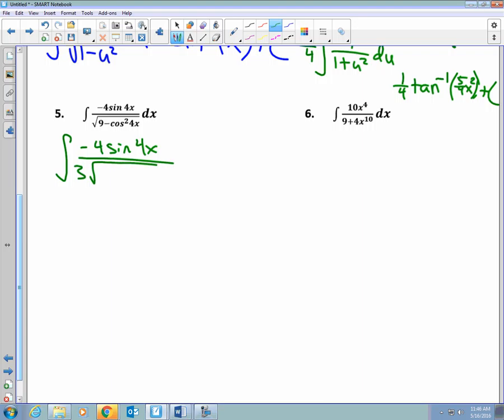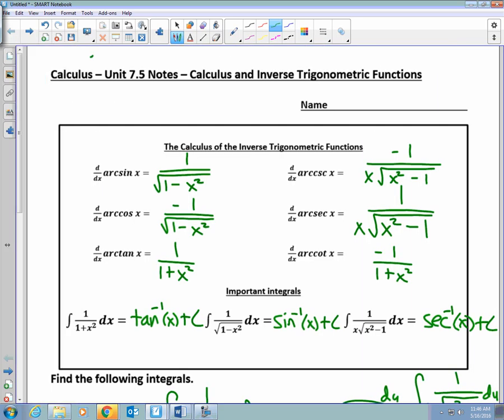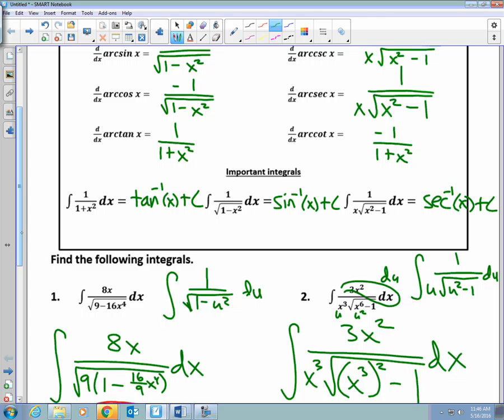Oh, okay, I've got it. Now I understand what you're saying. The question is, we're using the form arc sine. Why not use arc cosine since you see a negative sign? Don't worry about that. If it's a negative, attach the negative to the sine inverse of u.